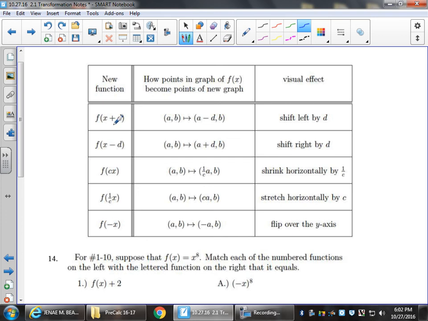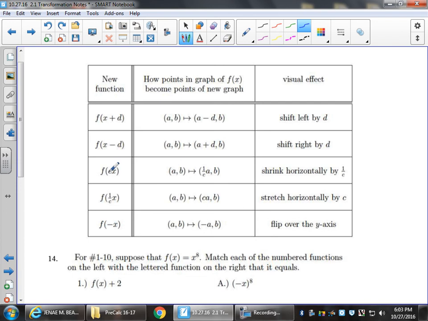So if I see a value that's being added or subtracted inside parentheses, I know that's dealing with a horizontal shift. Shift left or shift right by that value. If I see that I have a value on the inside with x, notice C is not on the outside, it's on the inside, it's a horizontal shrinking of the graph by 1 over that value.